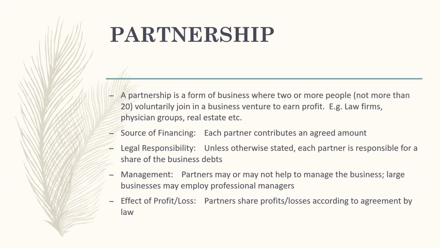So some very common types of partnerships are law firms, physician groups, real estate. All right, this is where two or more people, it could be 2, 3, 5, 7, 9, 10, but not more than 20, will form that partnership. Okay? That is in relation to the description there.